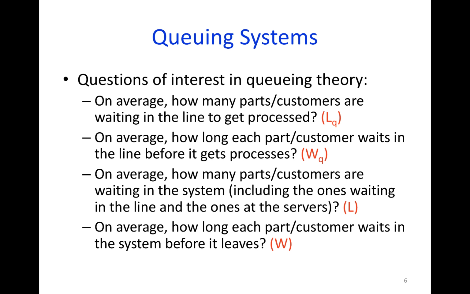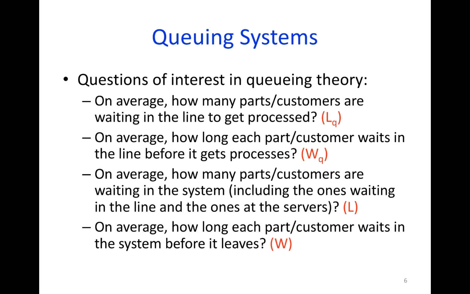If we look at the question of on average how long these parts or customers are waiting in the queue, that's what we call WQ, the waiting time in the queue.